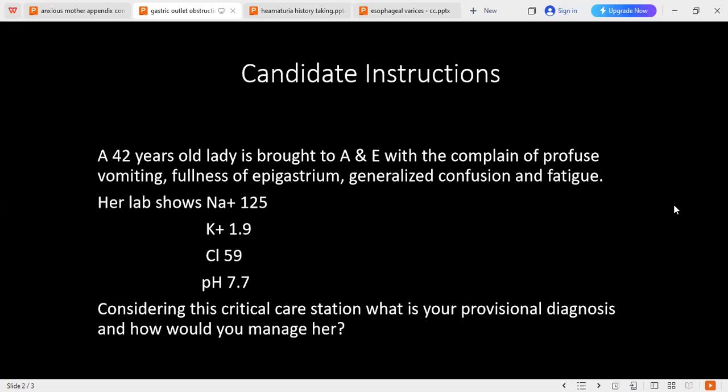And I will do investigations like ultrasound abdomen and X-ray abdomen and chest.